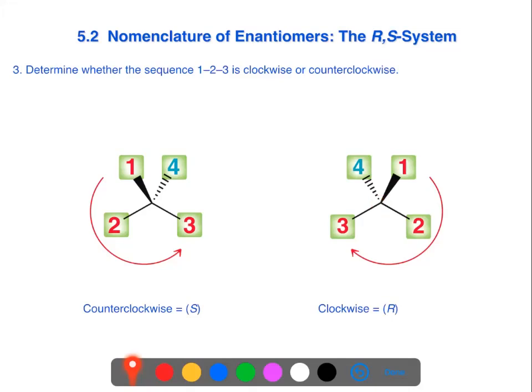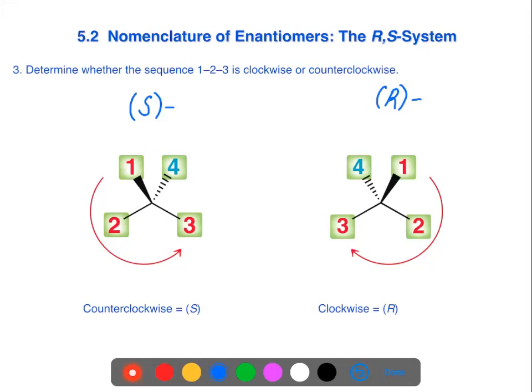And as shown in a previous example, we will place that information in front of a name in brackets, and we will separate it from the rest of the name with a hyphen. So if it's the S enantiomer, it's the S in brackets. If it's the R, you place the R in brackets and place a hyphen, and then the rest of the name.